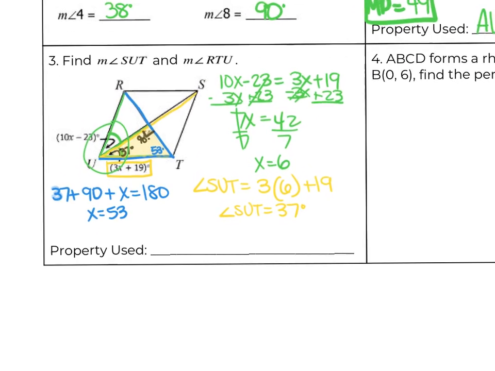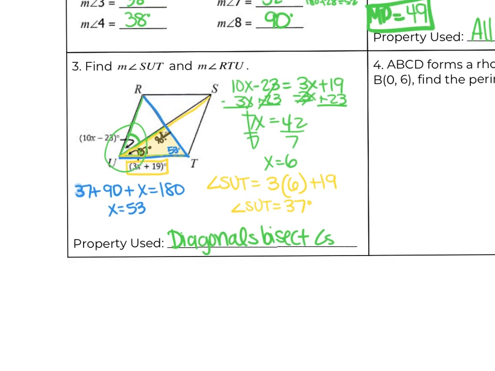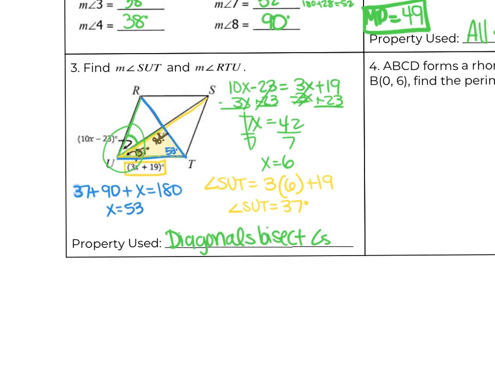But I could say the property was diagonals bisect angles, something like that. After that, we did use all angles of a triangle equal 180. You could do that as well.